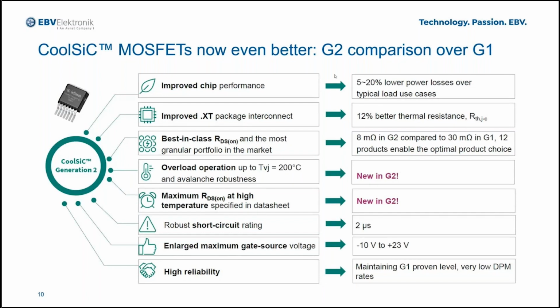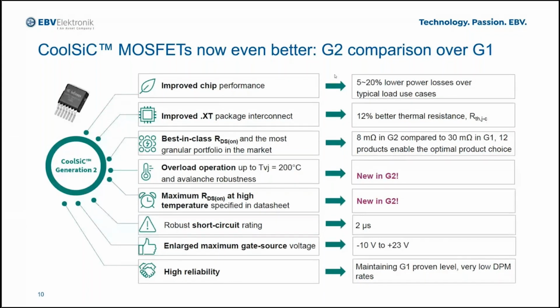So when we're talking discretes or low power modules, let's say, and even the high power modules, they all have a variation of the patented .XT technology from Infineon, which enables a better thermal resistance. So it can extract more current out of the very small chips inside the modules and the discretes.